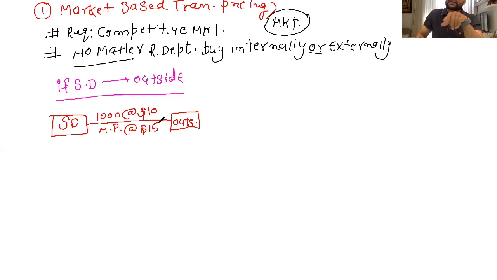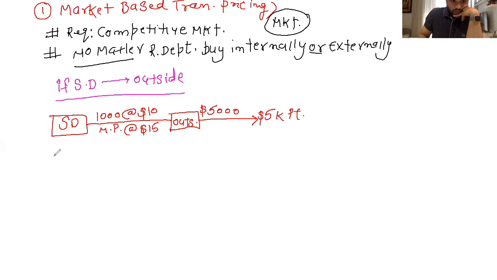So if the supplying division sells this product to an outsider, it will make $5,000 profit. This is the contribution. I repeat, if the supplying division sells outside, $10 is the cost per unit, $5 is the revenue per unit. So 5 multiplied by 1,000, $5,000 is the profit.